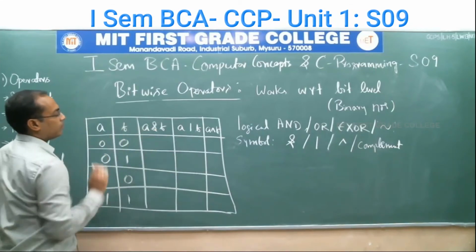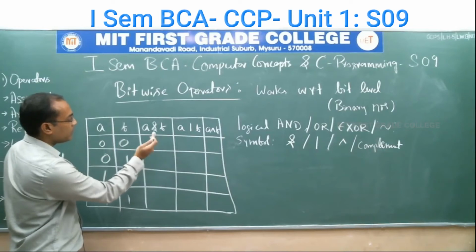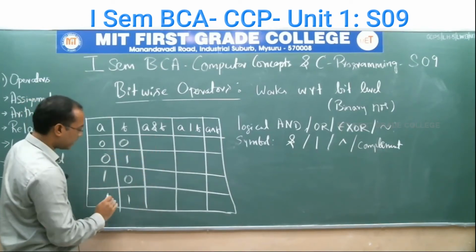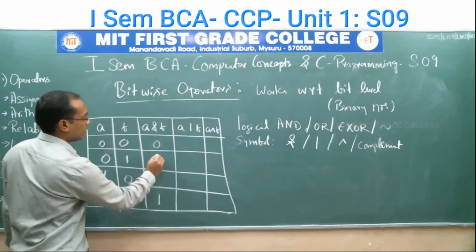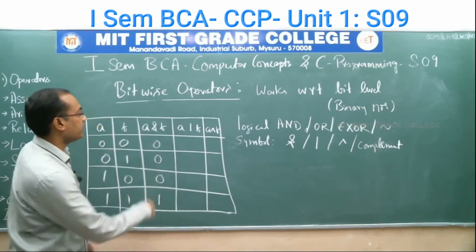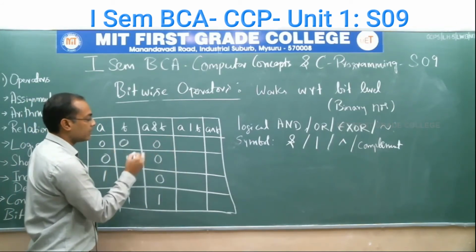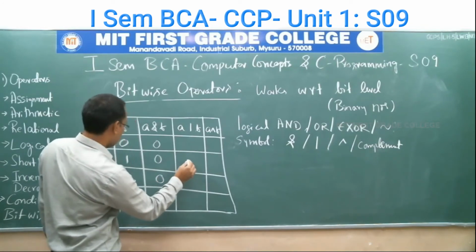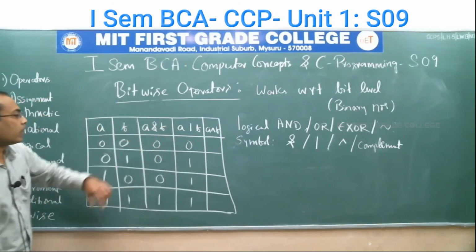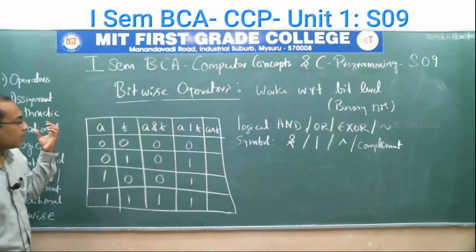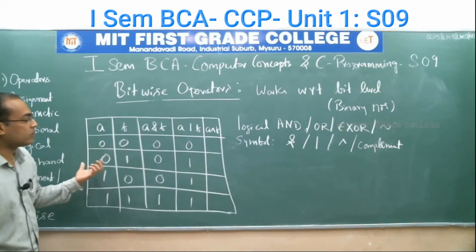The AND operation states that the result will be high only when all the inputs are high. In this case, only the last row will have a high output, and the rest of the rows will have a low output. For OR, at least one input should be high, so the outputs are 0, 1, 1, 1. And the XOR logic says that the result will be high if an odd number of high inputs are present.